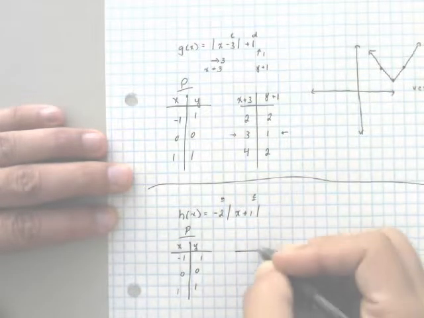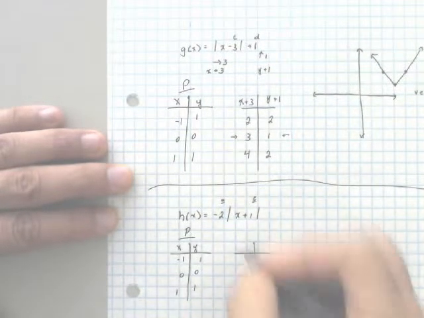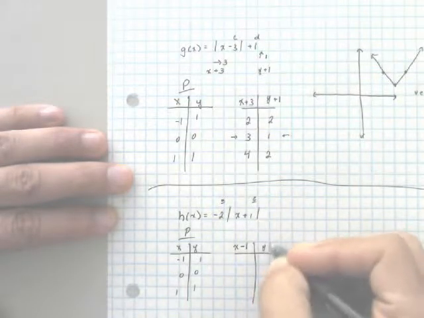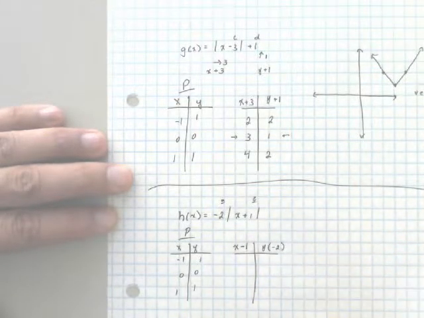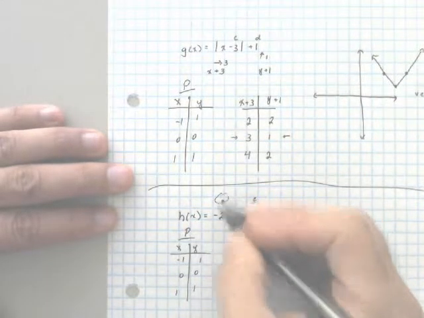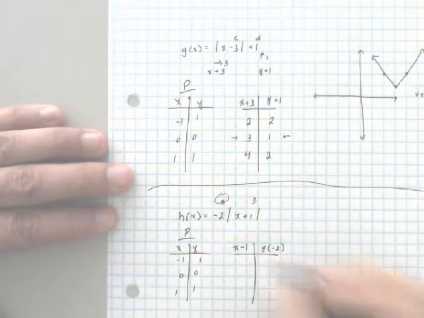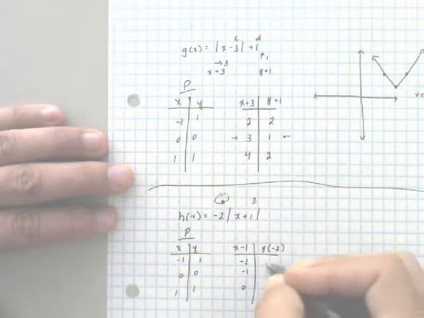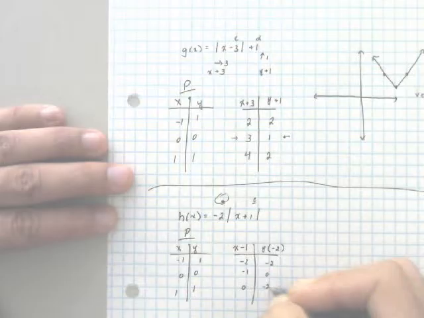So I'm going to take my x's and subtract 1. I'm going to take my y's and multiply them by -2. I'm multiplying because a is a multiplier. So -2, -1, 0, and then we have -2, 0, -2.